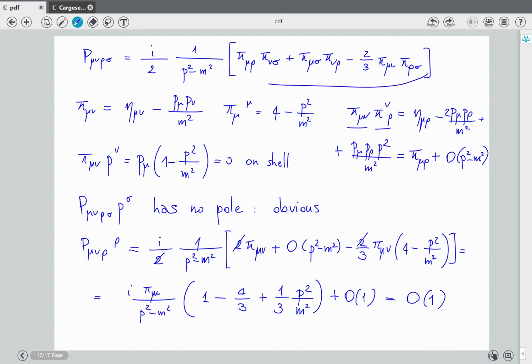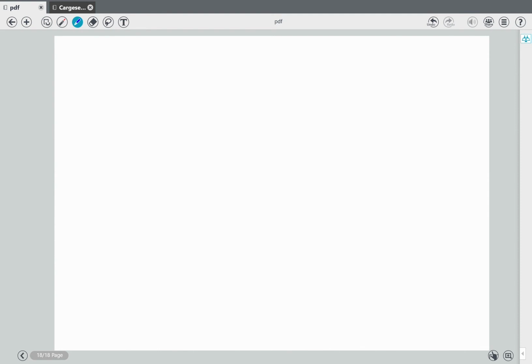Once you have the propagator, you can invert it and work out the Lagrangian, the quadratic part. And then you can covariantize the quadratic part and you get the Lagrangian of the massive spin-2 field coupled with gravity. So this is the Pauli field's action.